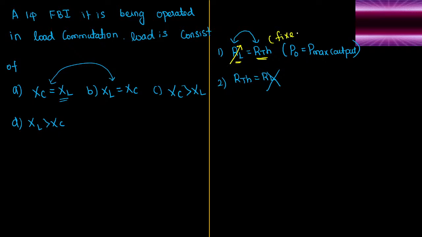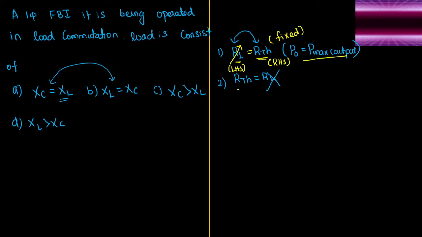So we continuously change the value of RL. When RL becomes equal to RTH, which is fixed, the right hand side is fixed and the left hand side, LHS, we are varying. When the LHS becomes equal to the RHS, we achieve the maximum power.